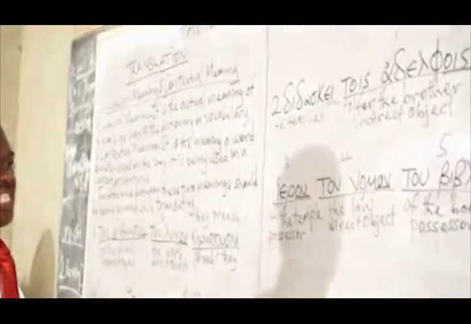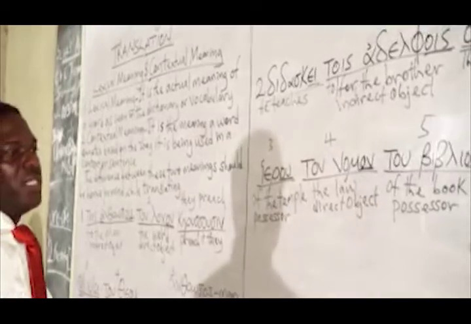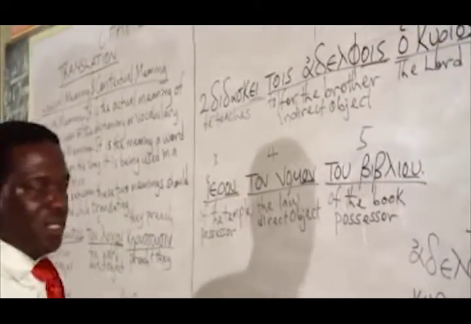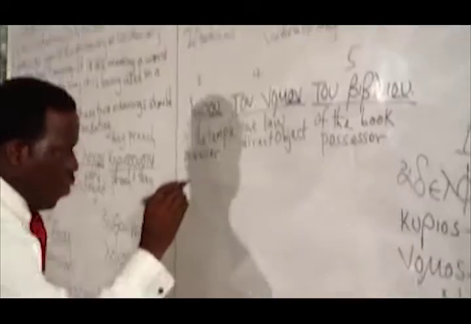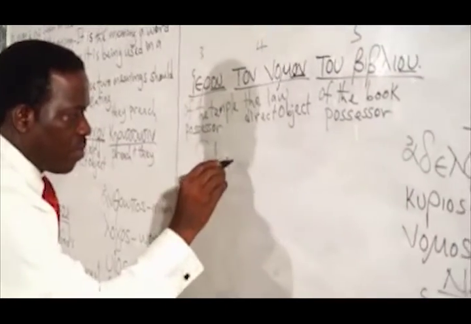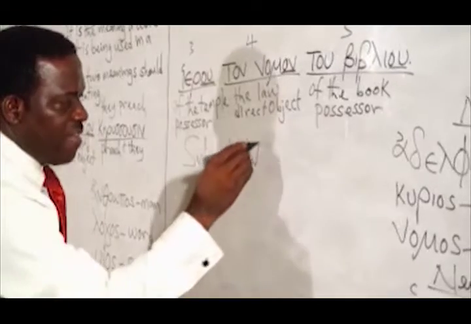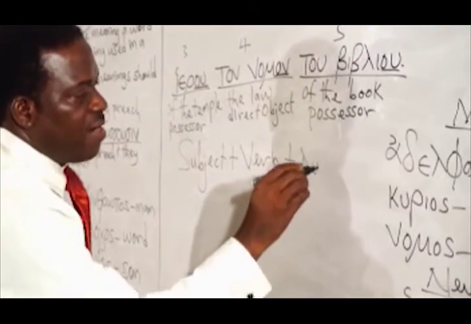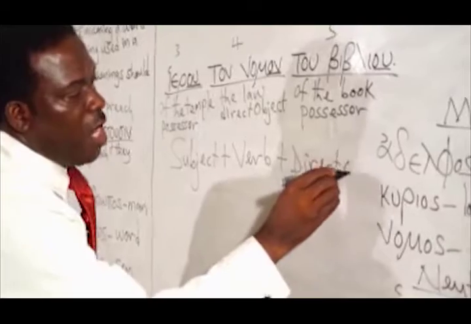So we've done a rough translation. Then how do we do the correct translation in English? We'll come to the English pattern as well: subject plus verb plus direct object.